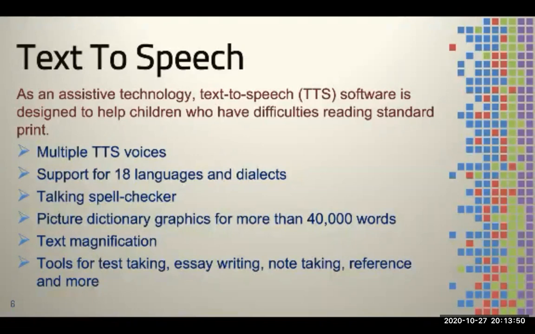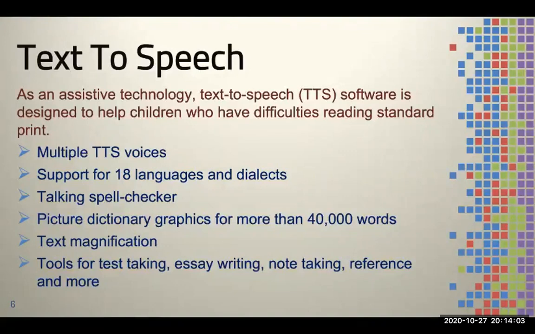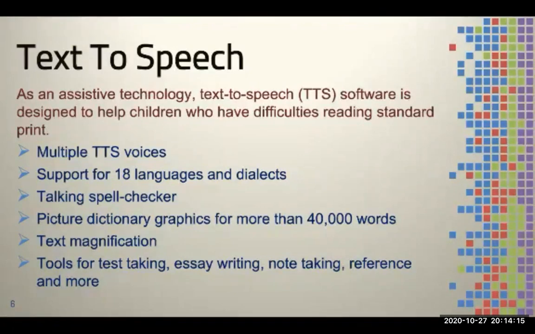It also has text magnification, which helps a person who cannot view text clearly, bringing the text closer to help them understand. It has tools for test taking, essay writing, note taking, reference and many more things. You need to download and try this software.